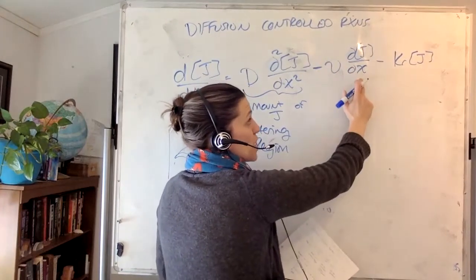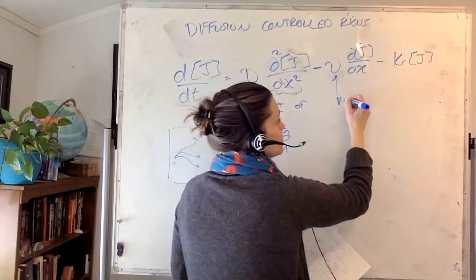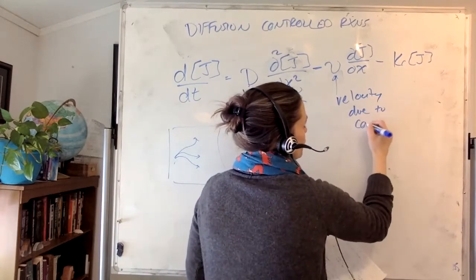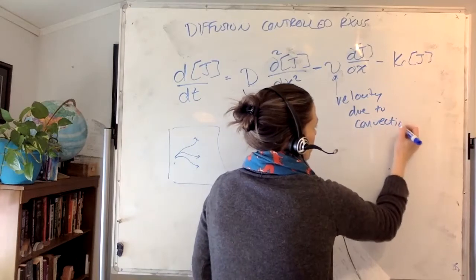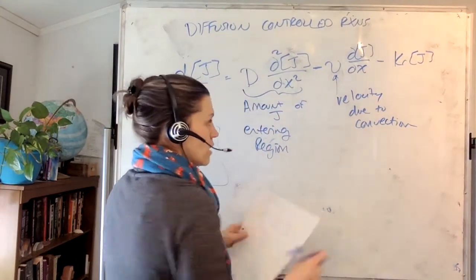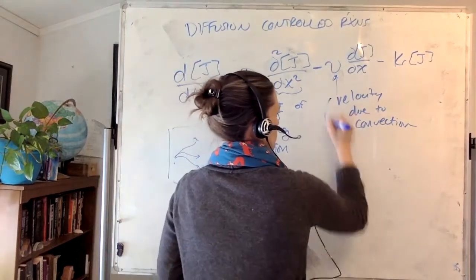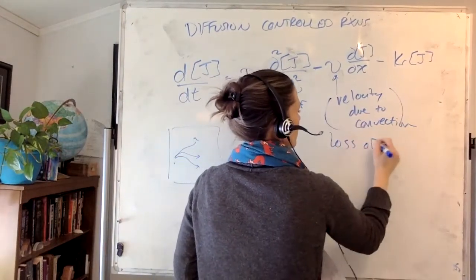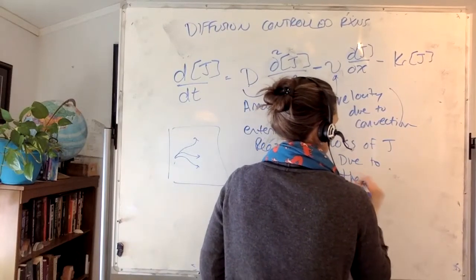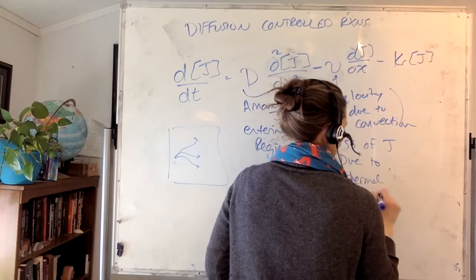We're losing some J depending on convection. This is the velocity due to convection, and so this is a loss of J due to thermal convection.